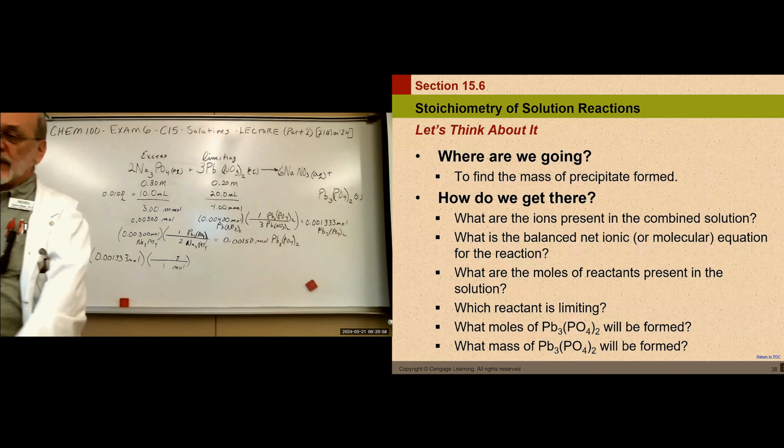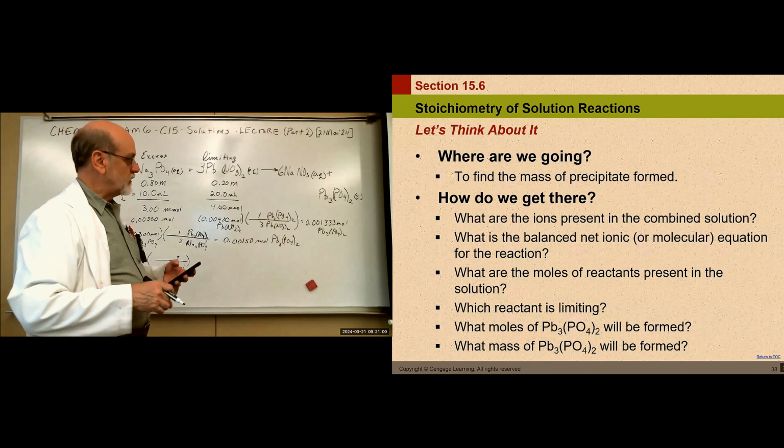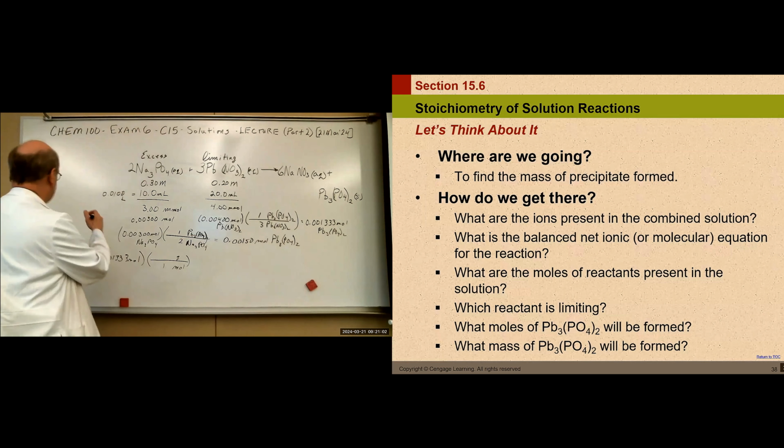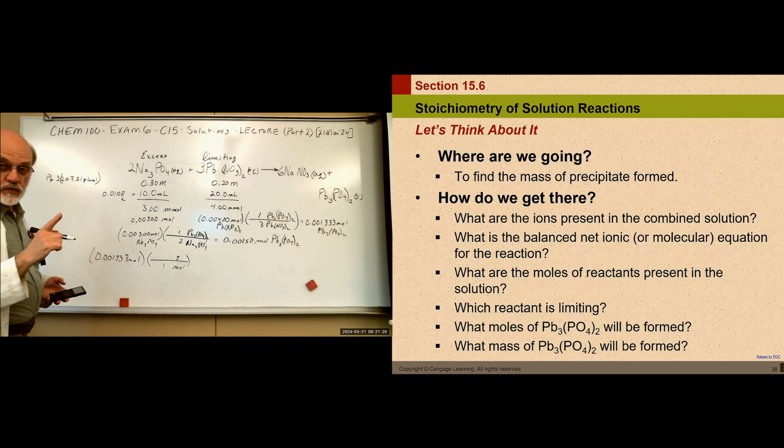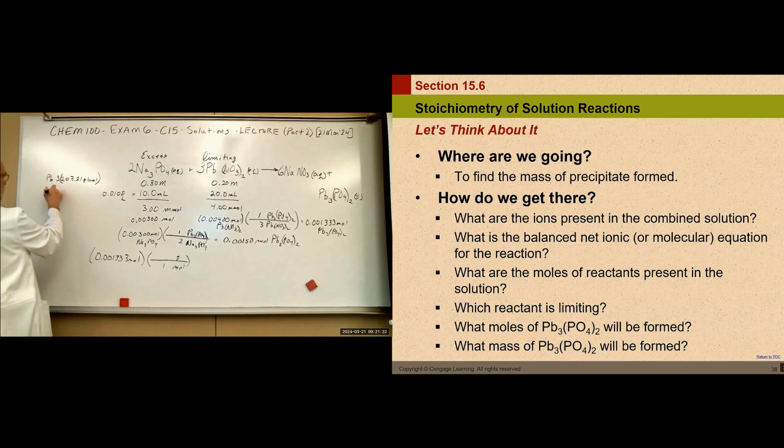That's where you go to the periodic table and you look up lead. Lead is 207.21 grams per mole. Right, this is lead. But you have 3 of them. Then you have 2 phosphorus, 30.97 grams per mole.